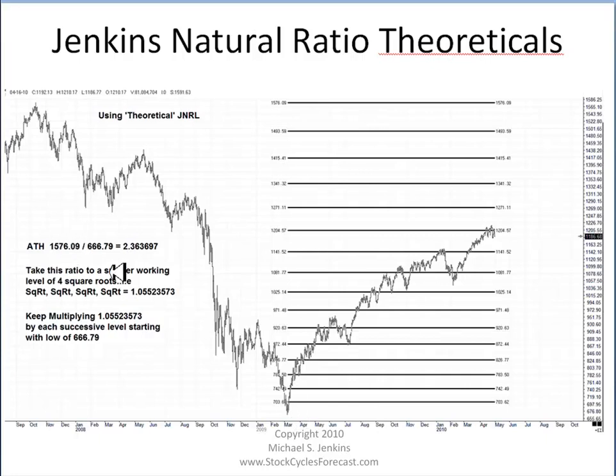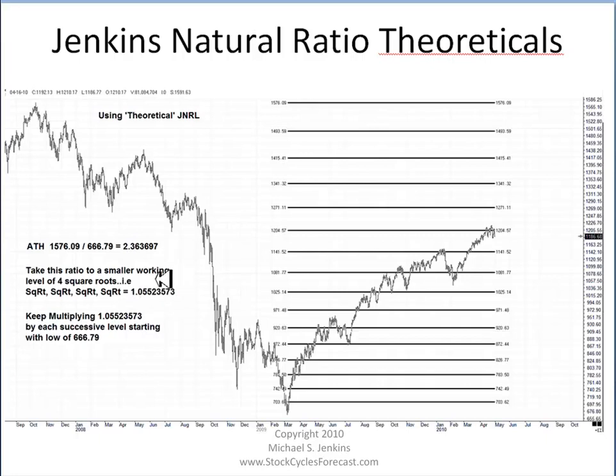And the final low, or what we assume in the first early days is going to be the final low, we take that ratio, which is 2.36, and to get it down to a smaller working number, you will note that most of the time the movements in the market are 2 to 3%, maybe 5%. So we want to get something down in that range. So we take the square root of this ratio, then the square root of that, the square root of that, the square root of that, until we get a ratio that's within our normal expectations. In this case, about 5% moves.